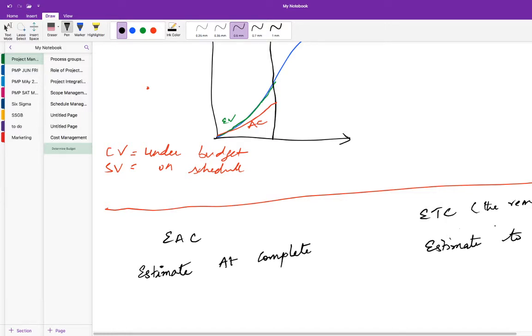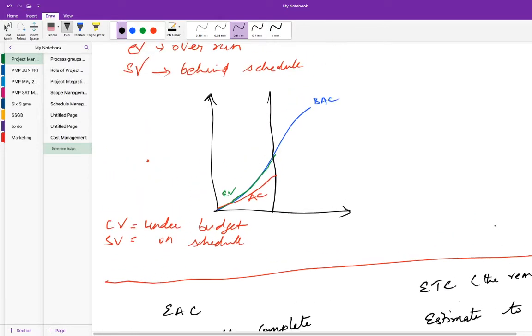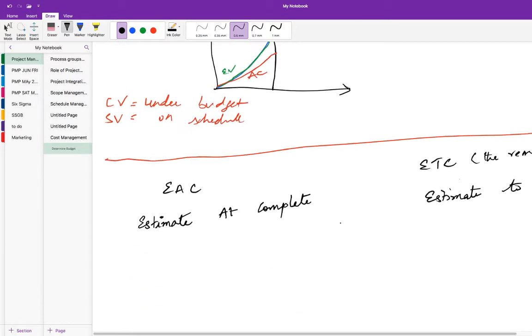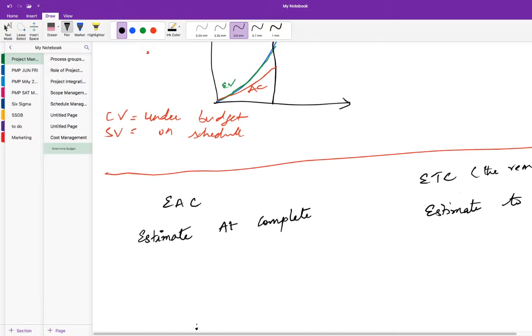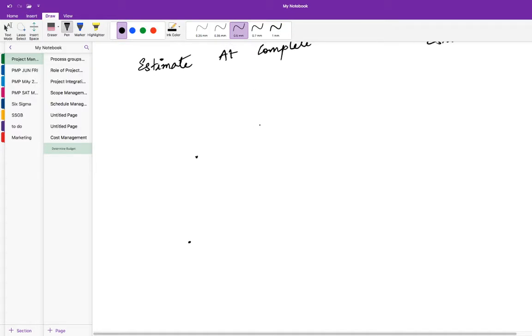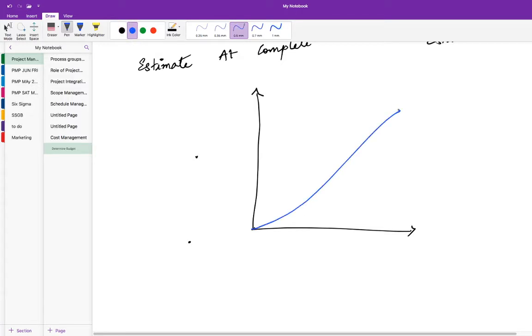Now, let's say your present project has a performance like this one. You have this budgeted cost at completion. On a particular date, this is your status date.